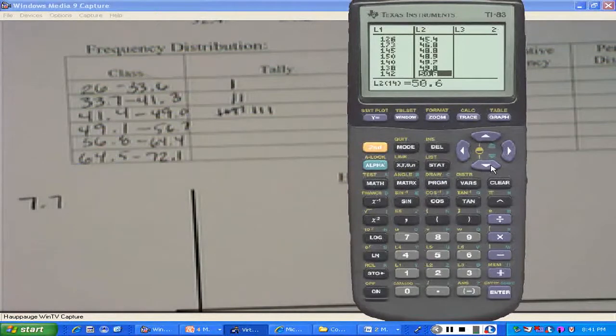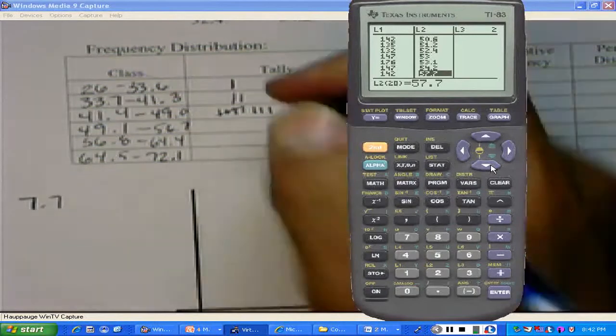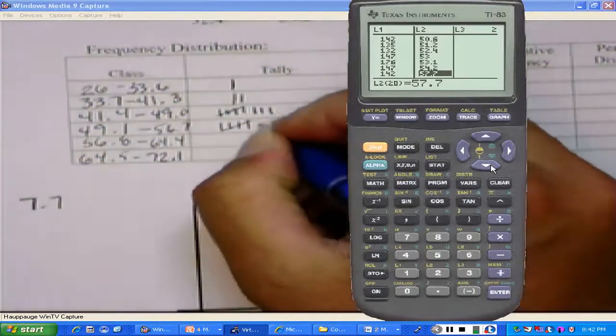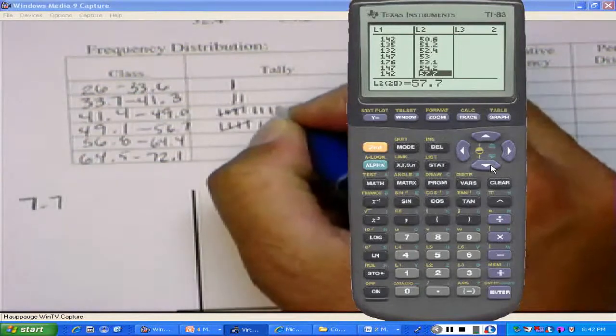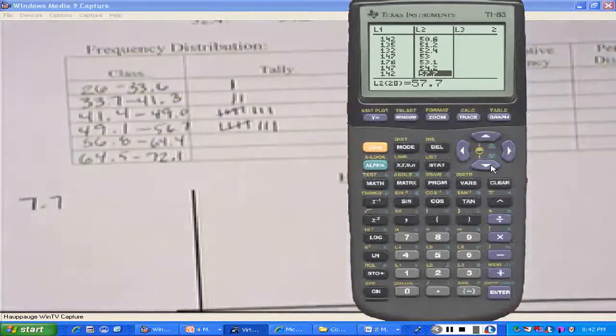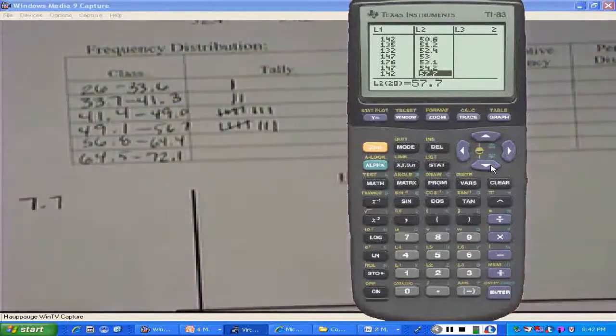One, 2, 3, 4, 5, 6, 7, 8. 8, right? This was 9 or 8? 8. Okay, so how about the next one?